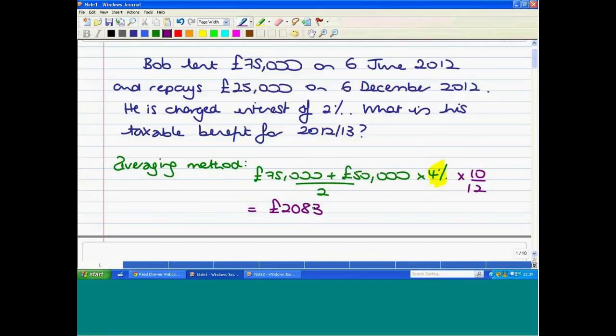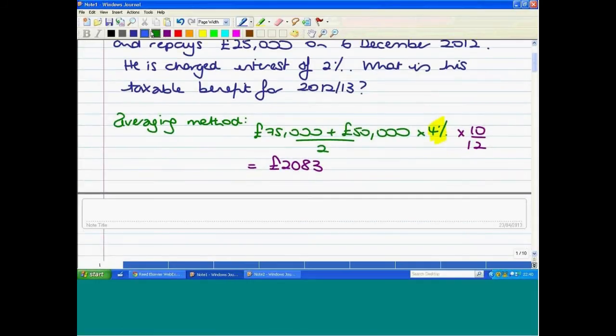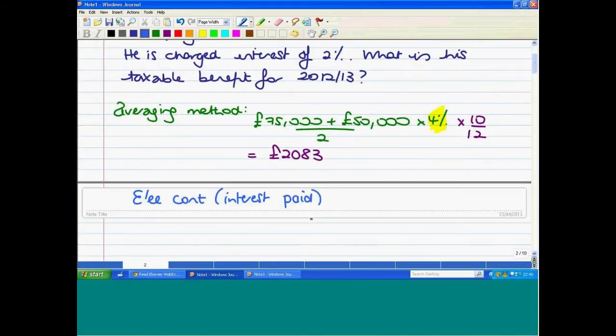Now, I'm just going to come back to the interest paid. So in terms of that as an actual amount of benefit, we're saying by the averaging method we get a £2,083 benefit. However, there is an employee contribution because the employee contribution is in fact the interest that has been paid. It's the same thing. So what we need to do is work out exactly how much was paid.